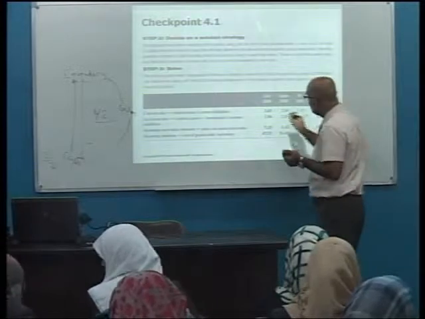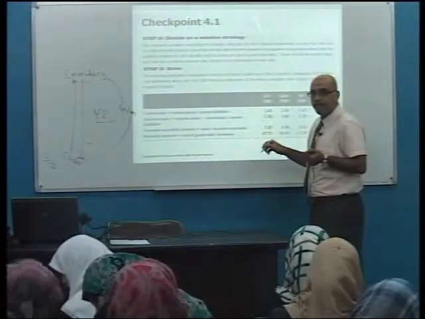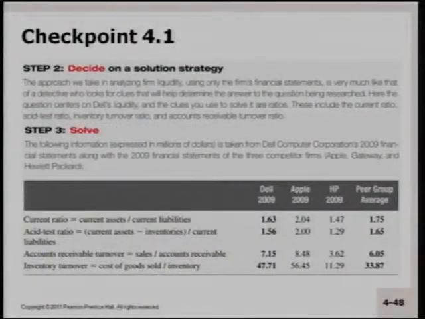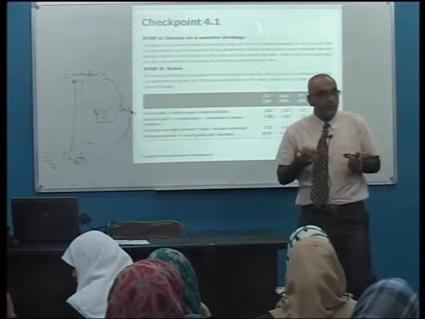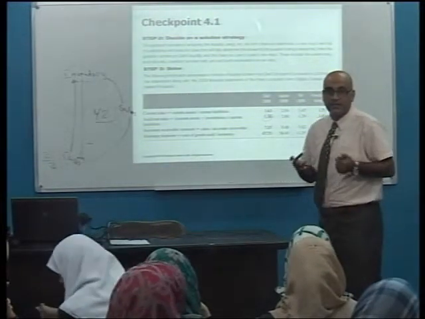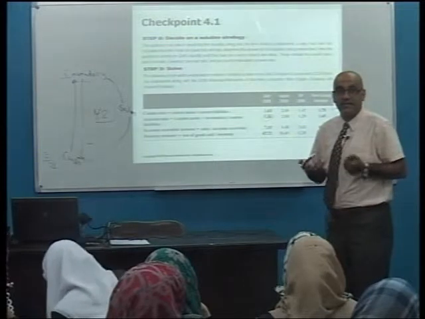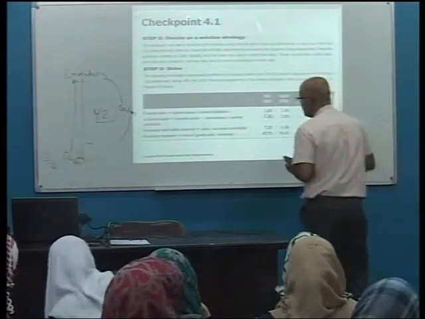But if you judge on this just by itself, you see it's fine, without looking at HP or Apple, because it is greater than 1. 1 is fine. If the asset test is 1, it's good for the business.